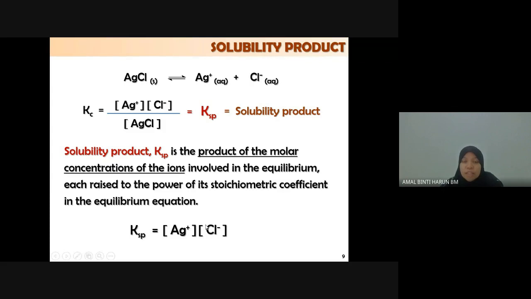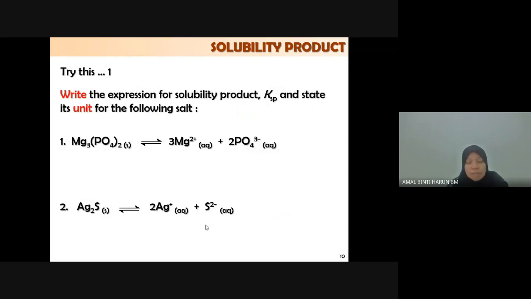So dissociation tinggi bermaksud kelarutan yang tinggi. So in conclusion, as the Ksp is higher, the solubility is also higher. Lepas tu unit bagi Ksp sama macam Ka, Kb, tak perlu tahu pun unit dia berapa.